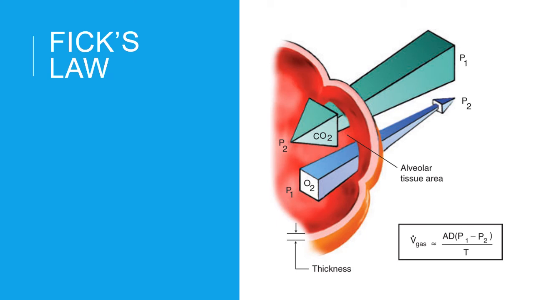At 37 degrees centigrade and 760 millimeters of mercury pressure, the solubility coefficient of oxygen is 0.0244 milliliters per millimeter of mercury per milliliter of water.